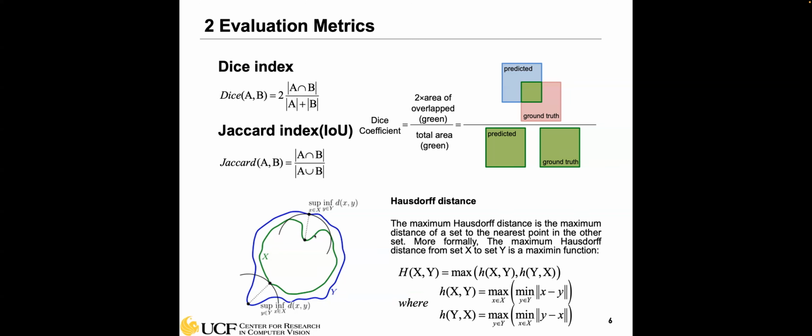This could be your prediction, the green line, and the blue line could be your ground truth. You measure the maximum distance from the prediction set to the nearest point in the other set, which is the ground truth. The formal definition is here. This equation has some built-in functions; you just call this distance function and you are able to evaluate the metric.